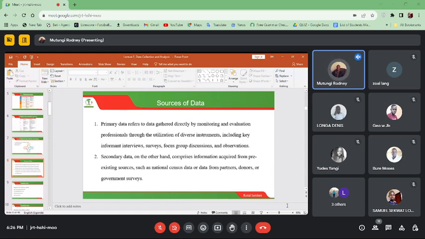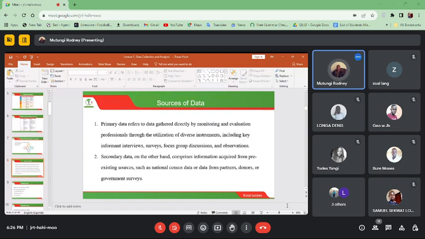If you have done your sampling, as we are going to see in the next session, you have targeted a population of 1,000, but of course, due to resources and time, you cannot reach all those 1,000. So you have sampled out of those 1,000 to get only 100 as your sample. So you can go to those people and collect the data from them, which will now be primary data.